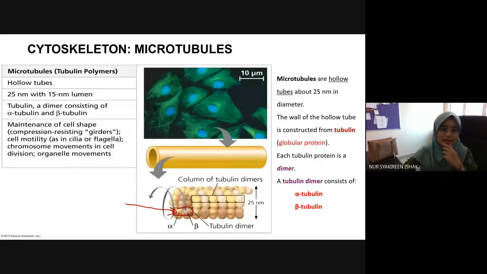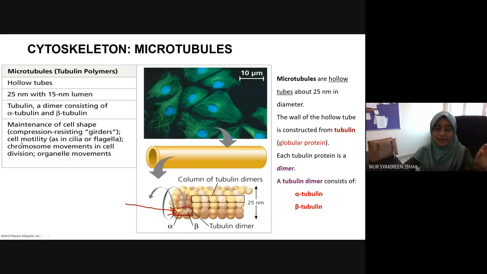So the overall function of microtubules is to maintain the shape of the cell. They act as compression-resisting girders, and they are involved in cell motility.